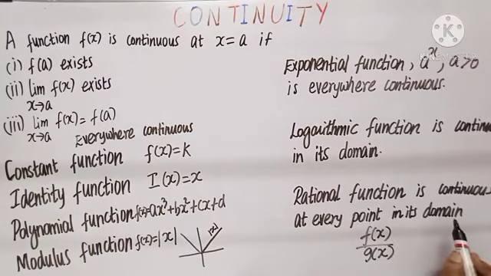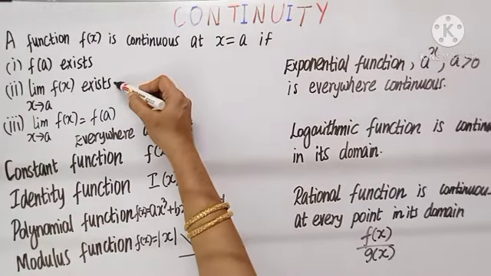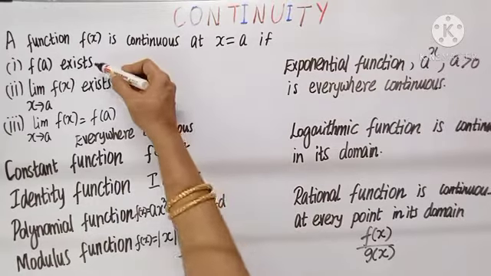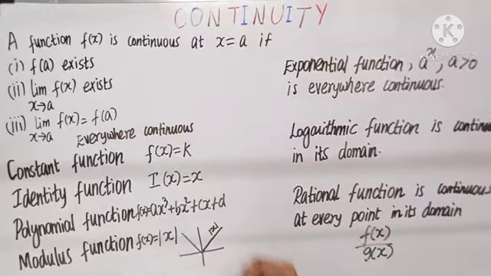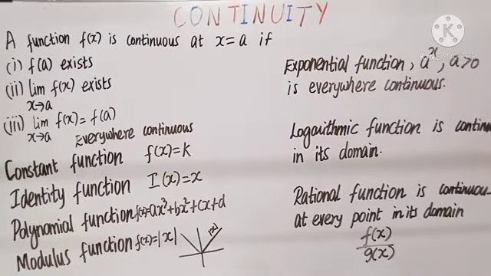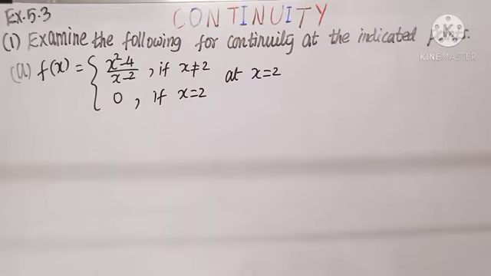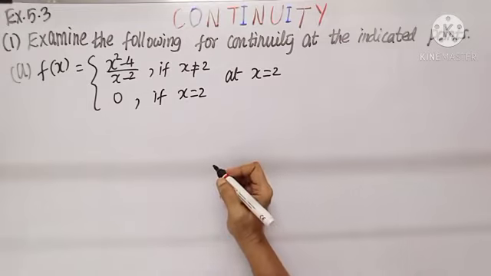So these are some major ideas to remember. Now we'll proceed to exercise problems wherein we will check left limit, right limit, limit value and function value. If they are equal, declare it to be continuous.